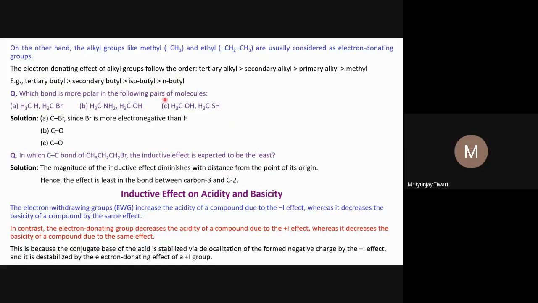Then the isobutyl group. What will the isobutyl group be? If this is a terminal atom, this isobutyl group is connected to the main chain or main chain hydrocarbon.